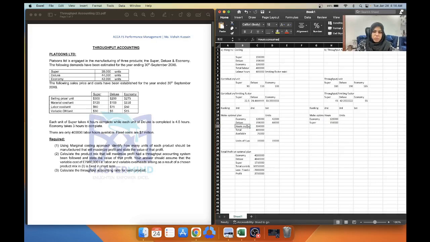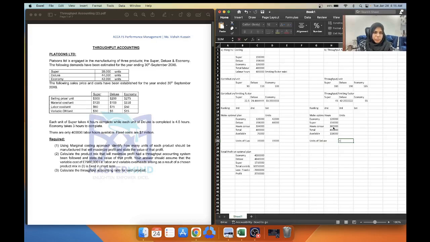So hours consumed would be the sum of these two. Hours available, the total hours available were 400,000. Available hours become 118,000. Units of deluxe this time need to be computed.